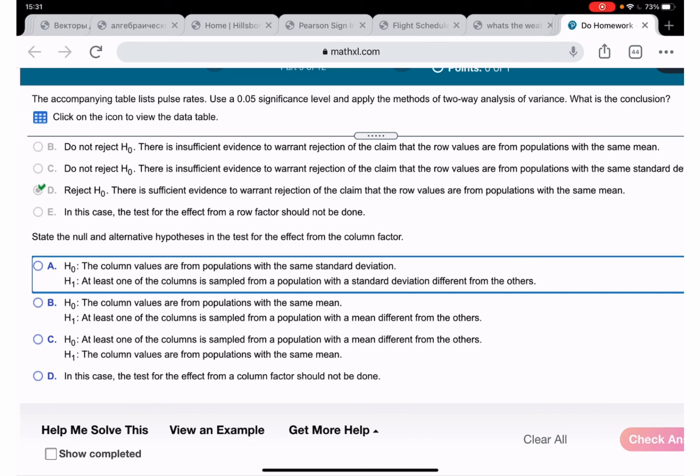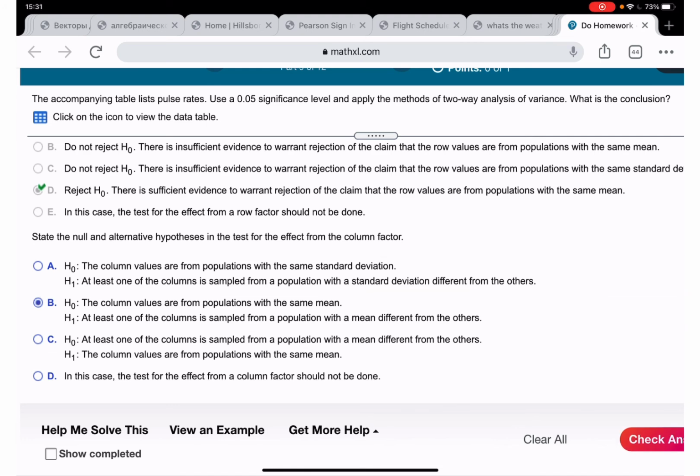Again, the null hypothesis is always that the column values are from populations with the same mean. Here it is, B.